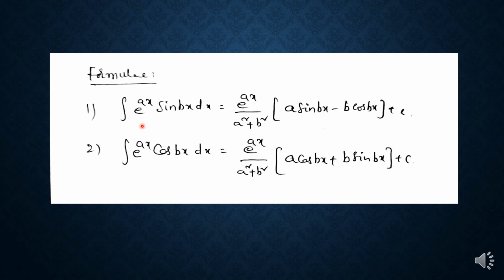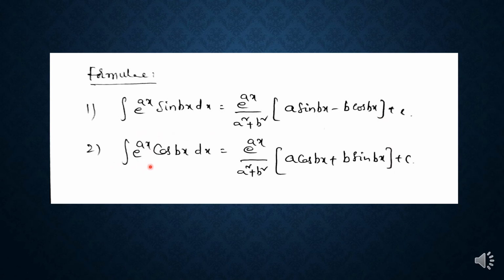If we have the product of two functions, an exponential function and a trigonometric function, we have direct formulas to substitute. Integral e power ax into sin bx dx is equal to e power ax by a square plus b square into a sin bx minus b cos bx plus c.